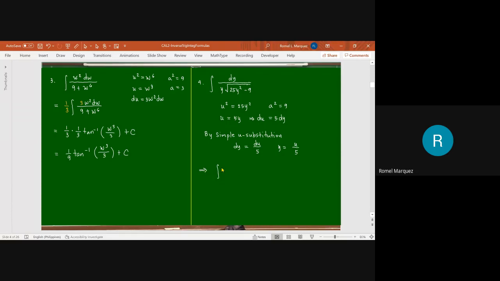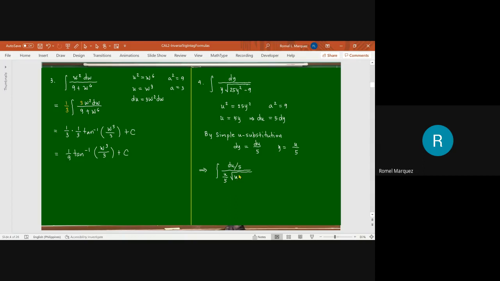We have integral of, what is dy? du over 5. Then what is y? u over 5. u over 5. Square root of, what is 25y squared?